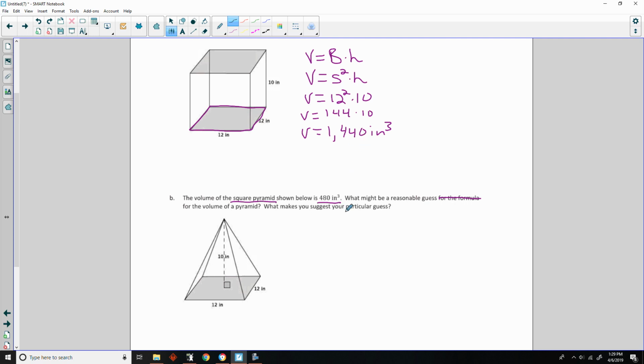So my guess would be a third of 1,440. So if I took 1,440 divided by 3, three goes into 14 4 times.